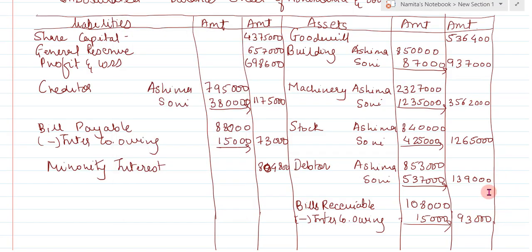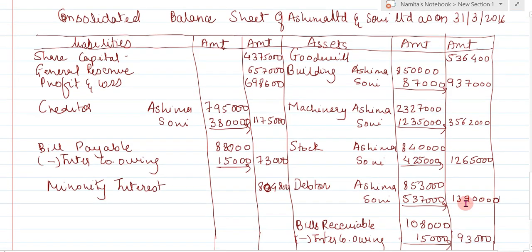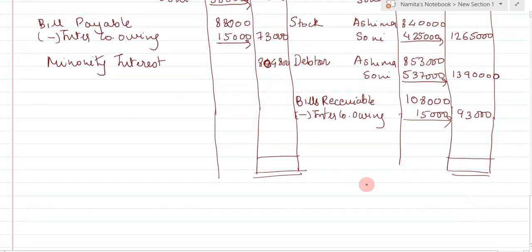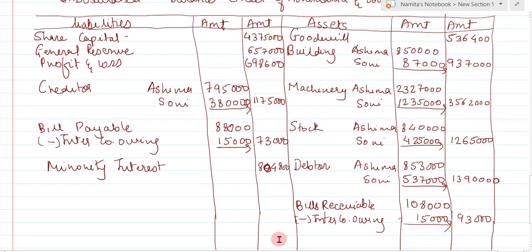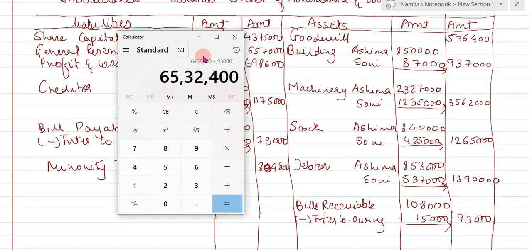The debtor amount is 13,90,000. Okay, 13,90,000. So the asset value we get 77,83,400. Okay, now add all the amounts of liabilities.